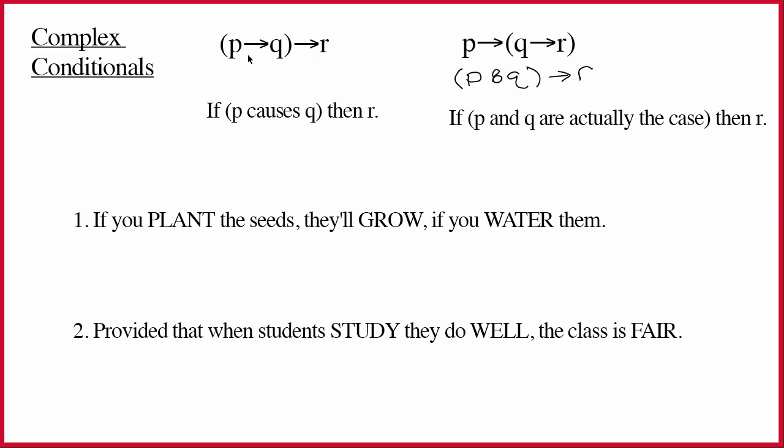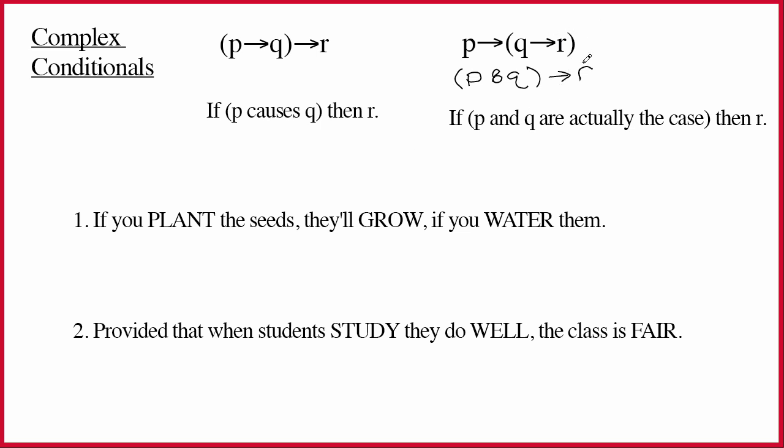Now, to be perfectly honest, the arrow in propositional logic really doesn't have anything to do with actual causation. But to understand this sentence and train your intuitions in the right way, I think that's a good way to think about it.